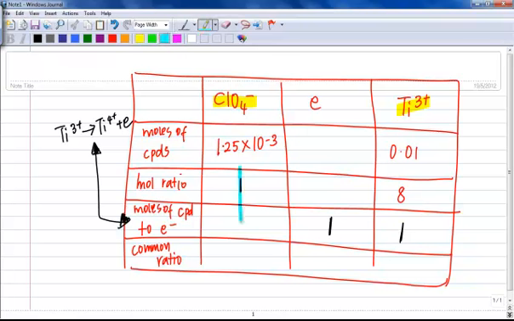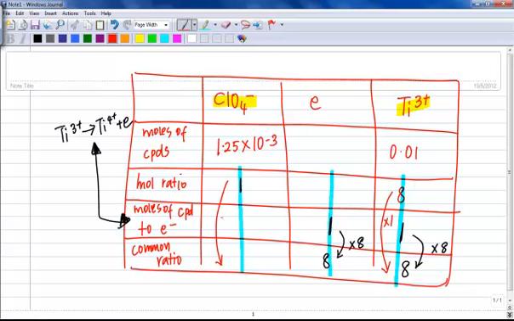This one must be 8. So from 1 to 8 we times 8, so we should get 8 over here. And we know that from 8 to 8 we times 1, so over here also times 1. So it is actually 1 is to 8 is to 8. Okay, or you can write out.